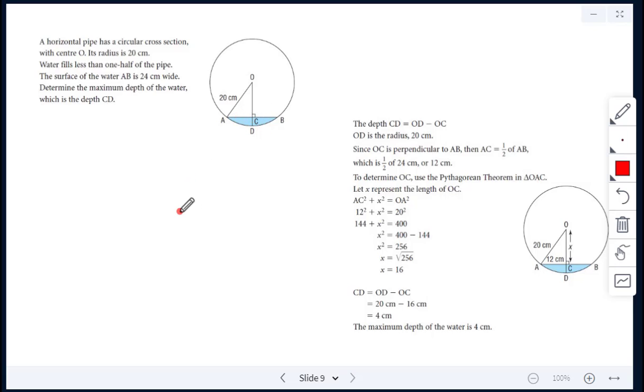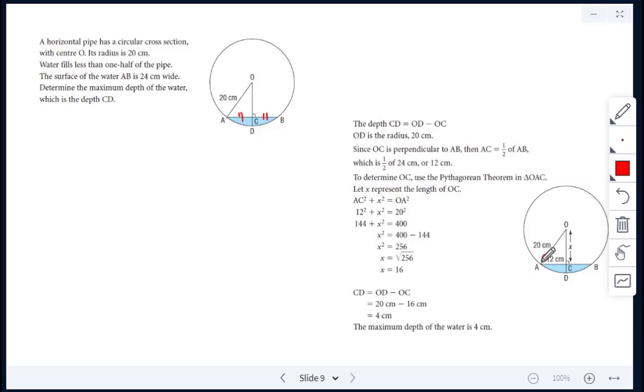All right, so because we know it is a perpendicular bisector, we know that this will be equal to this. And we were told that AB is 24 centimeters wide, therefore A to C would be half that, so 24 divided by 2, that would be 12 centimeters. All right, so we can say that A to C here is 12 centimeters, CB is 12 centimeters. All right, so that's the diagram here.